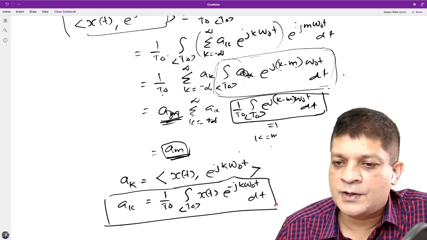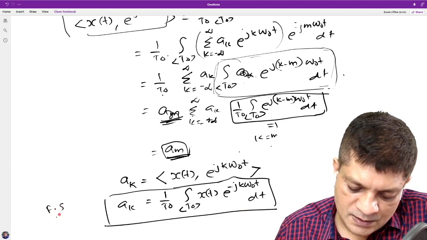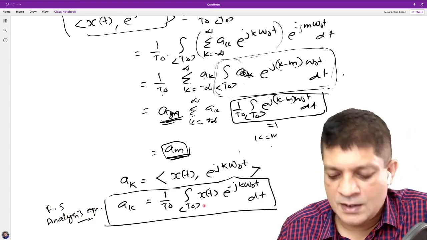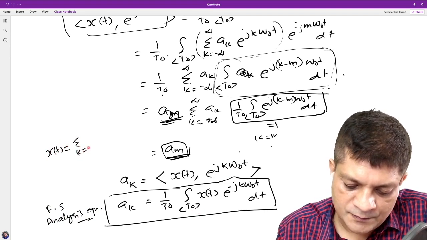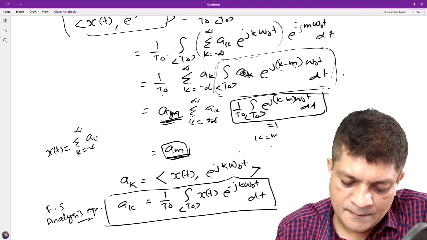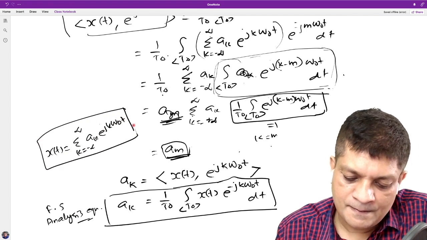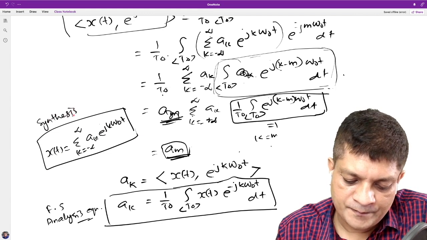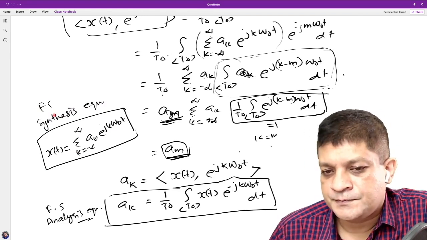This is called the Fourier series analysis equation. And x(t) in terms of the Fourier series coefficients is called the Fourier series synthesis equation.